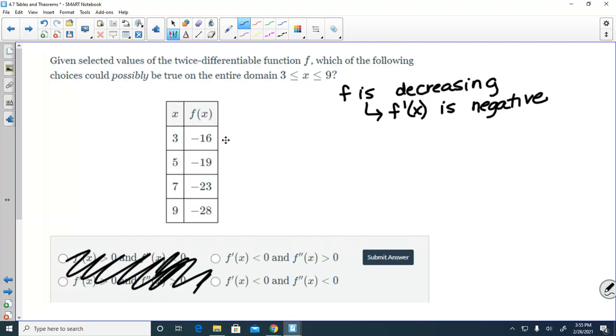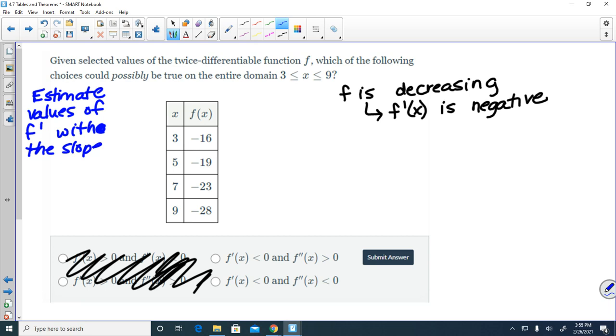So we're going to estimate f prime. Maybe I should change colors because now I'm working on f prime. Estimate values of f prime with the slope formula.